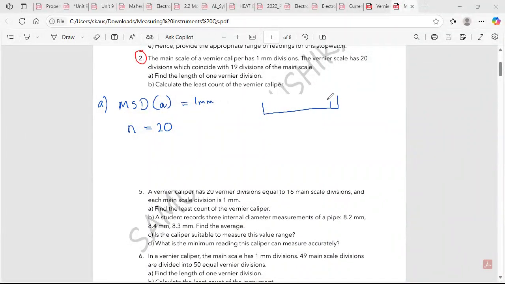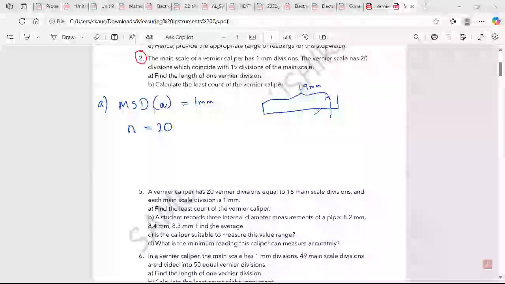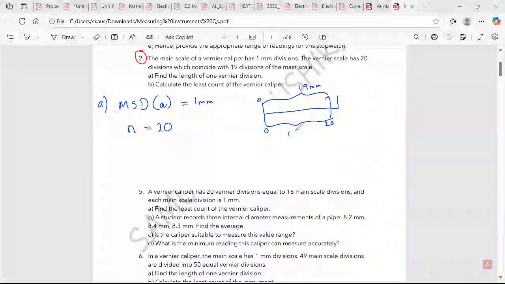Now 19 divisions of the main scale, that is 19 millimeters, are divided into 20 divisions of the vernier. So 19 millimeters divided into 20 will be the length of one vernier division. You get the idea, right? So 19 millimeters divided into 20.